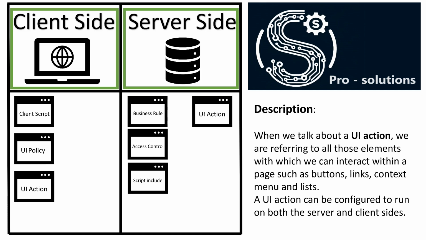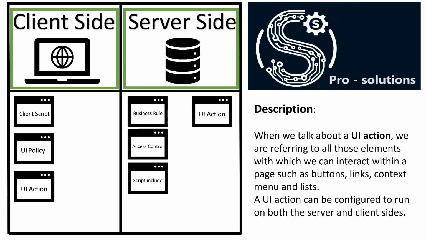A UI action can be configured to run on both the server and client sides. We must keep in mind that although they can be executed on both sides, there will not be a UI action that is executed at the same time on the server side and on the client side. We will have to choose which of the two we want our UI action to be executed on.